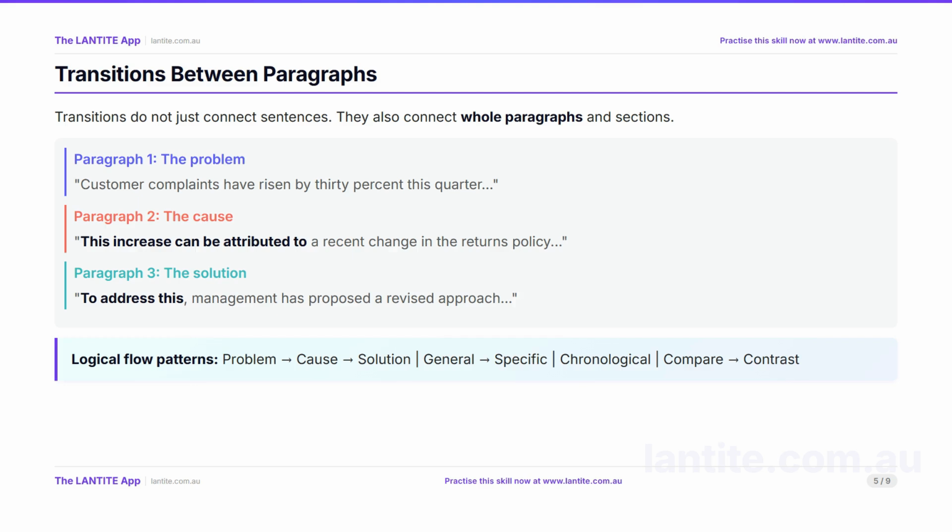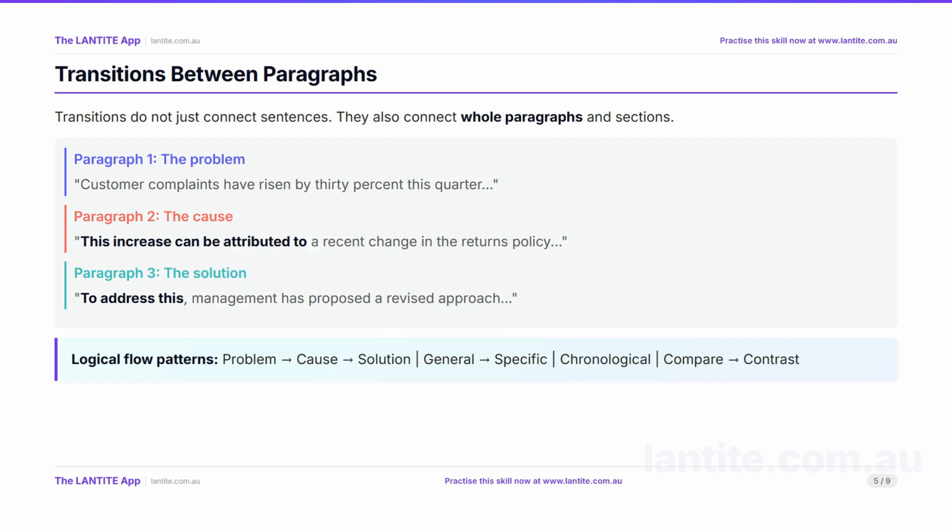Transitions do not just work between sentences, they also connect whole paragraphs and sections. In well-organized writing, each paragraph has a clear role, and the transition at the start signals how it connects to the previous one. In this example, paragraph 1 introduces a problem. Customer complaints have risen.